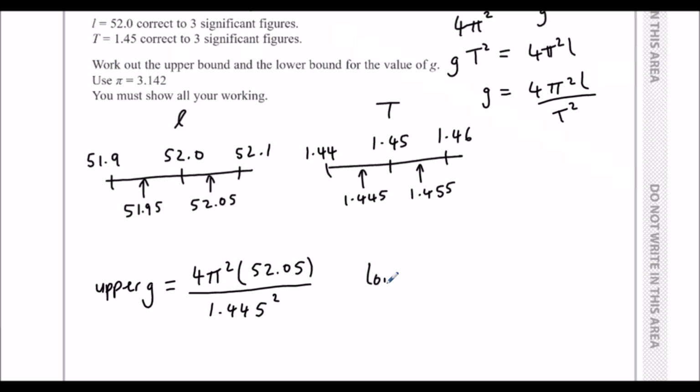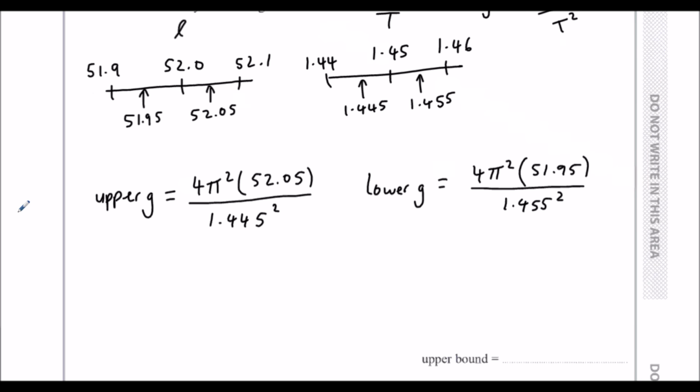And for the lower G, we want 4 pi squared times the lower L, 51.95, divided by the upper t squared, 1.455 squared. So then let's just type these in the calculator.